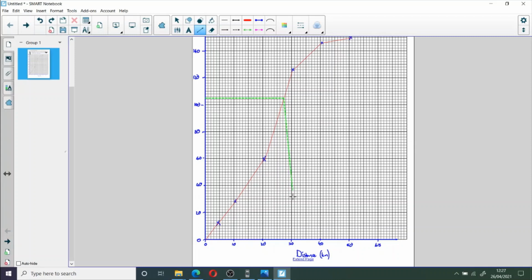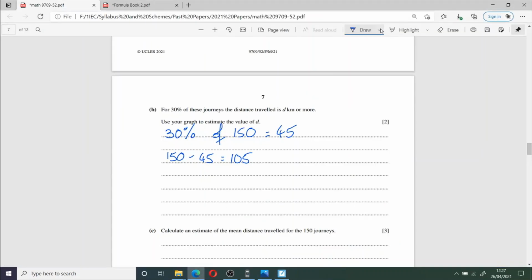So now I want to go down from this point, and I've got something like 25, 26, 27, and I think I'm slightly too far to the left here, so I think mine should be 27.5. So I think the distance is 27.5 kilometres.